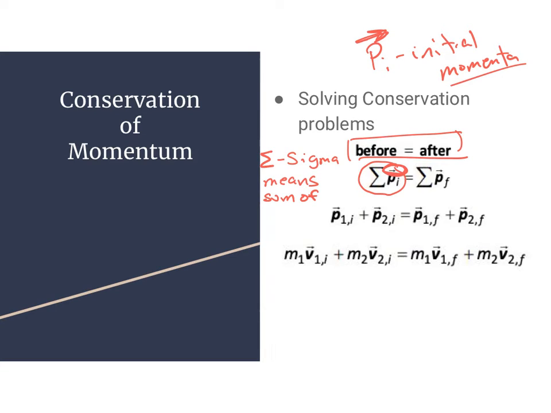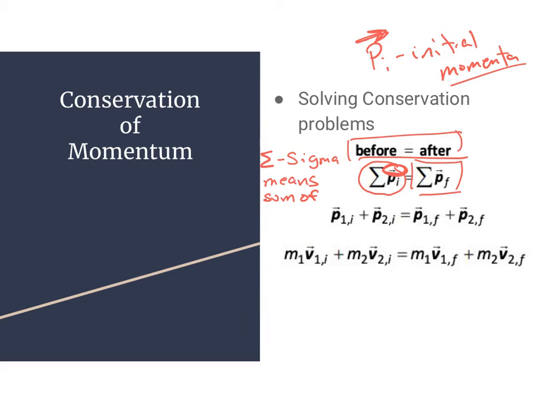And so that means taking into account direction and adding them as vectors. So all that being said, the sum of all of our momenta before the collision is equal to the sum of all the momenta after the collision, which is what the sigma p sub f means, sum of all the final momenta. We can expand that a little bit more, and here we're just considering two objects.